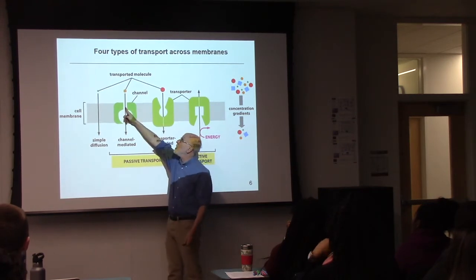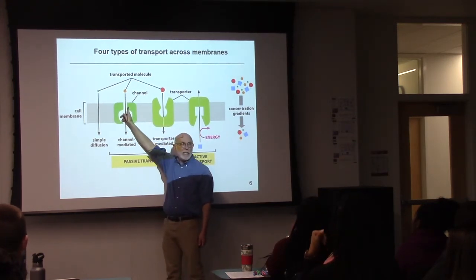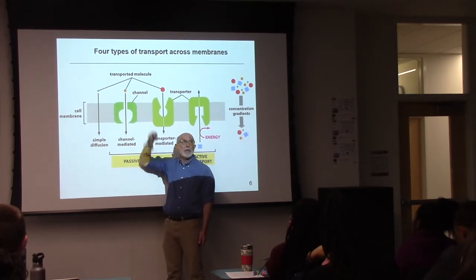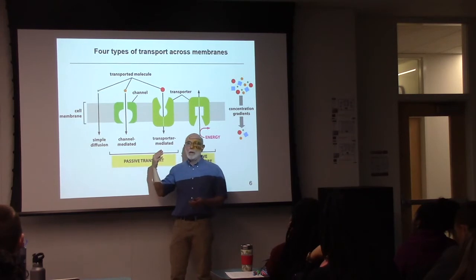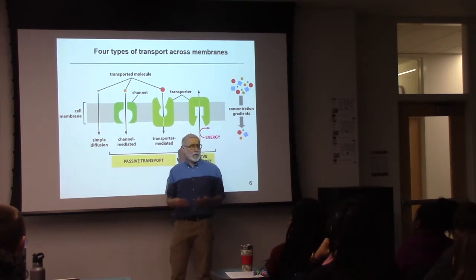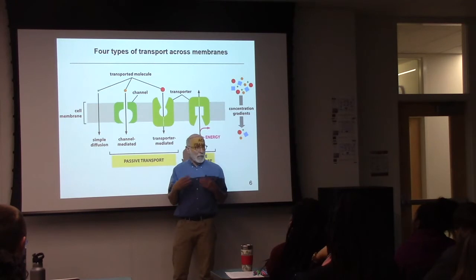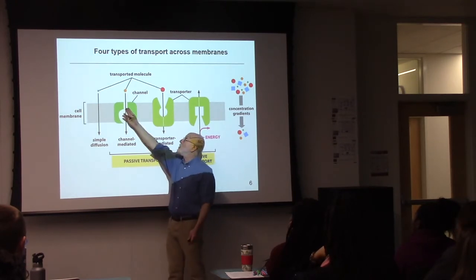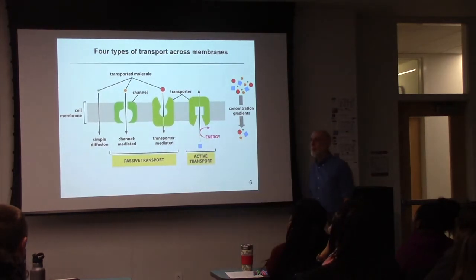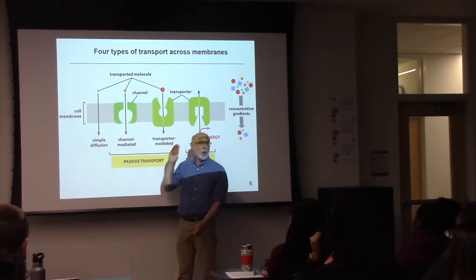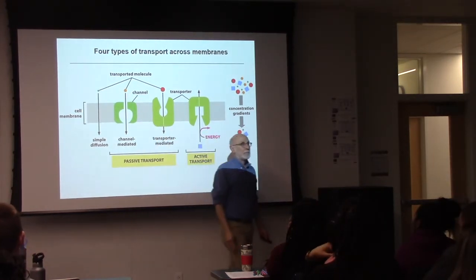There is an interaction between the solute and a selectivity filter, a selectivity component of the channel. And that interaction is high enough affinity because it's selecting for sodium over potassium, or chloride over potassium, or something. That selectivity comes from selective binding. The kinetics of that binding are really different, but they're still binding.